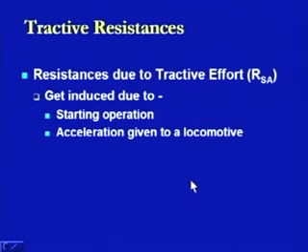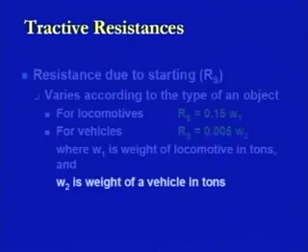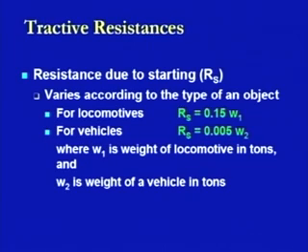Now we are coming to the other condition, that the resistance is being offered by the tractive effort. Here we will be looking at two conditions. One is because of the starting, another is because of the acceleration. In the case of the starting, the value is defined for the locomotives and for the vehicles, that is the wagons, differently. It is defined as 0.15 W1, where W1 is the weight of the locomotive, and in the case of the wagons or the vehicles, it is defined as 0.005 W2, where W2 is the weight of the vehicles.